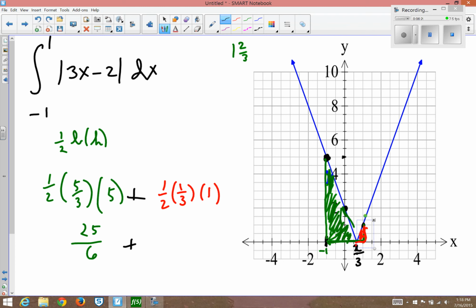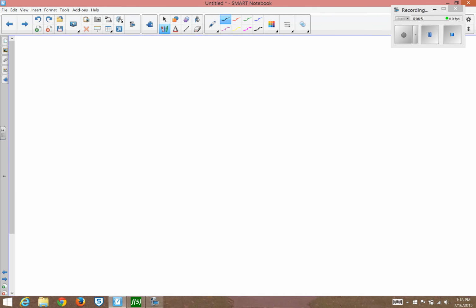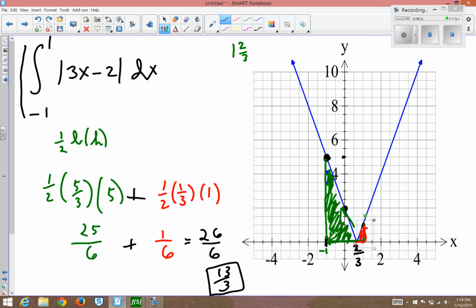The area of the red triangle is 1/6. 1 times 1 times 1 over 2 times 3. When we add 25/6 plus 1/6, we get 26/6, which can be reduced to 13/3. That's the value of this integral up here. It's called a definite integral. Is 13/3.